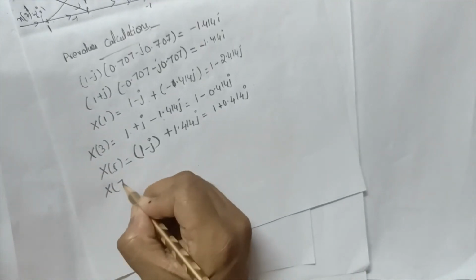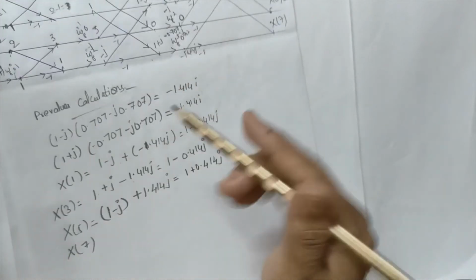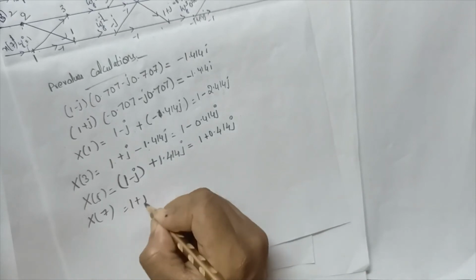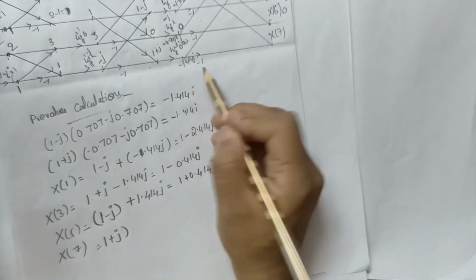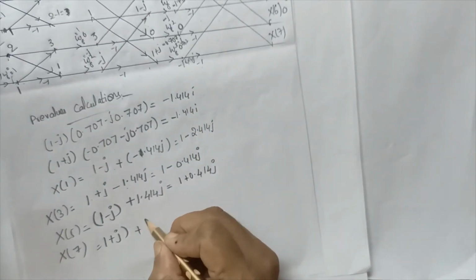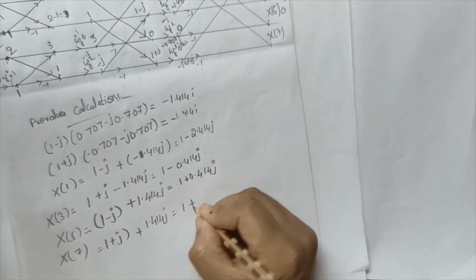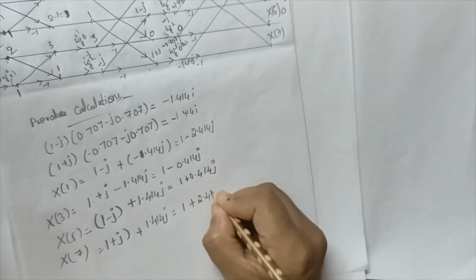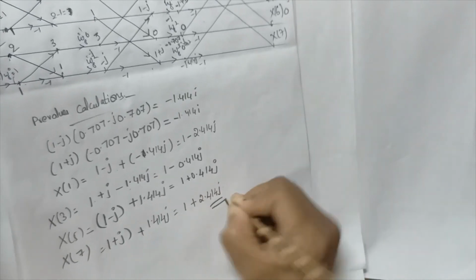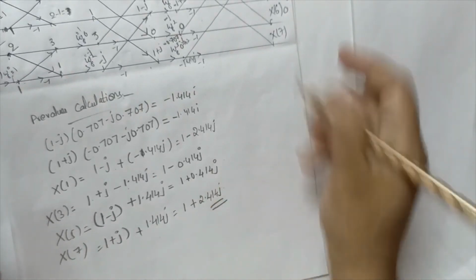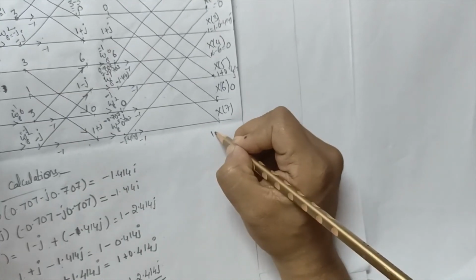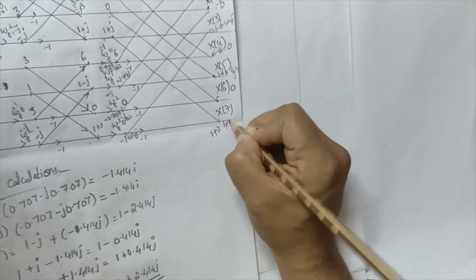Okay, x of 7 will be, from here it is coming 1 plus j, 1 plus j, this is plus 1.414j, that is 1 plus 2.414j. Okay, so these are the points. So x of 7 also we have to represent here.